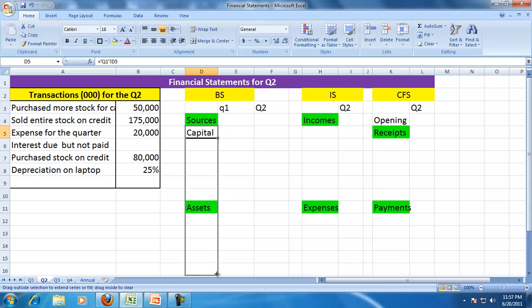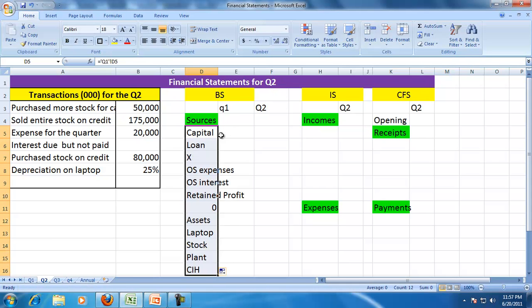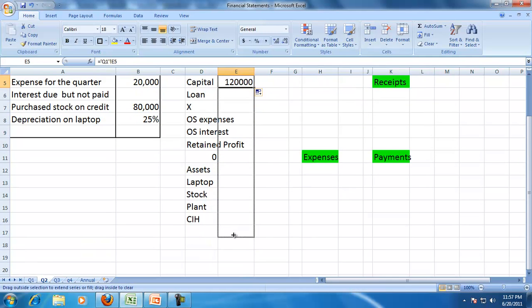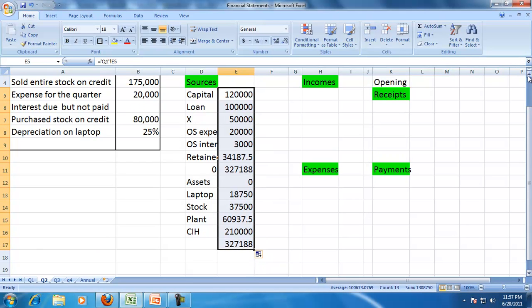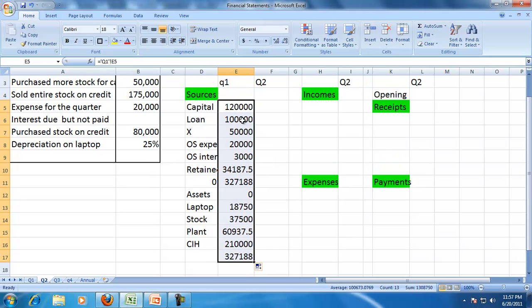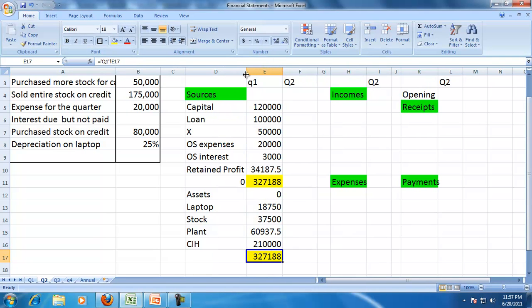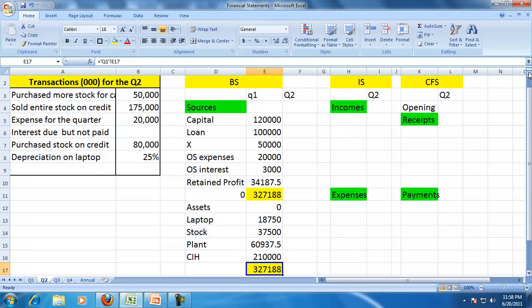Let me pull it down. The sources and assets as on the opening balance sheet for Q2 will look like this. We'll format it later. So at the beginning of the next quarter, I have assets and corresponding sources like this. An existing business will have an opening balance sheet.